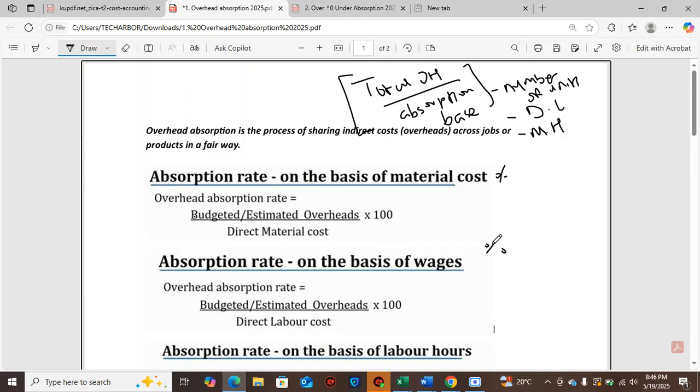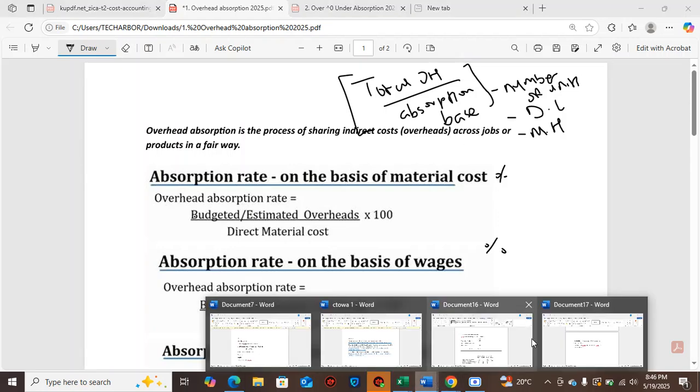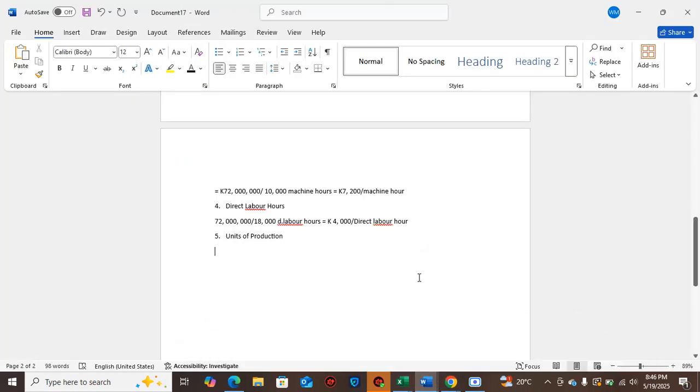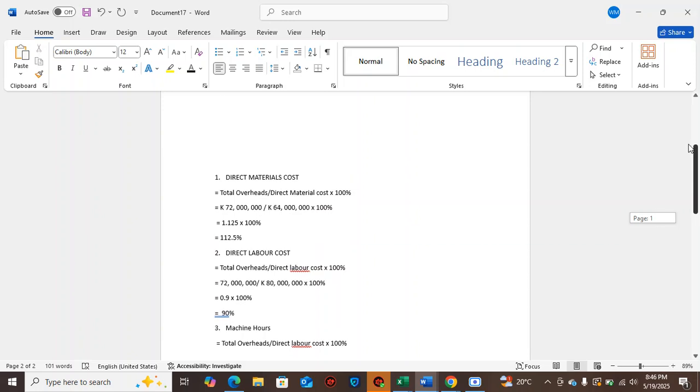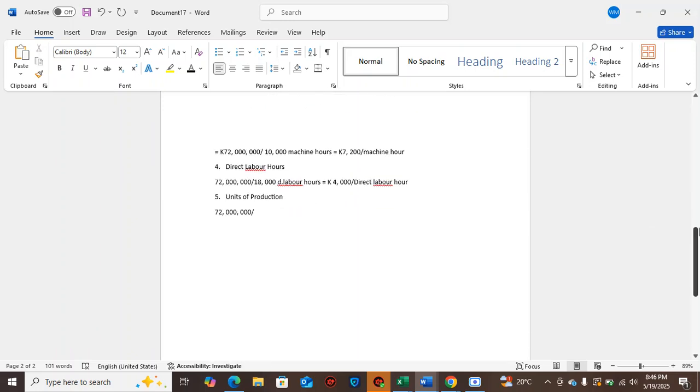It's just the total overheads divided by the absorption base. So 72 million kwacha divided by the number of units produced, 12,000. 72 million divided by 12,000, 6,000 kwacha per unit.